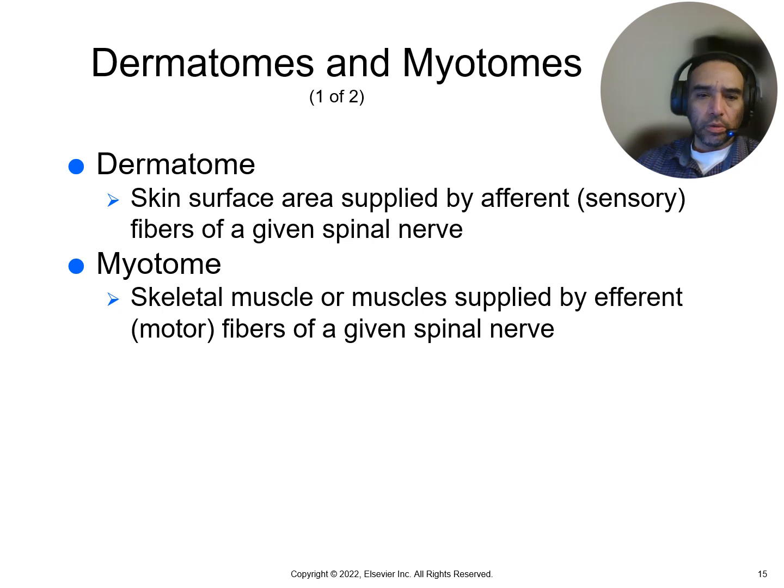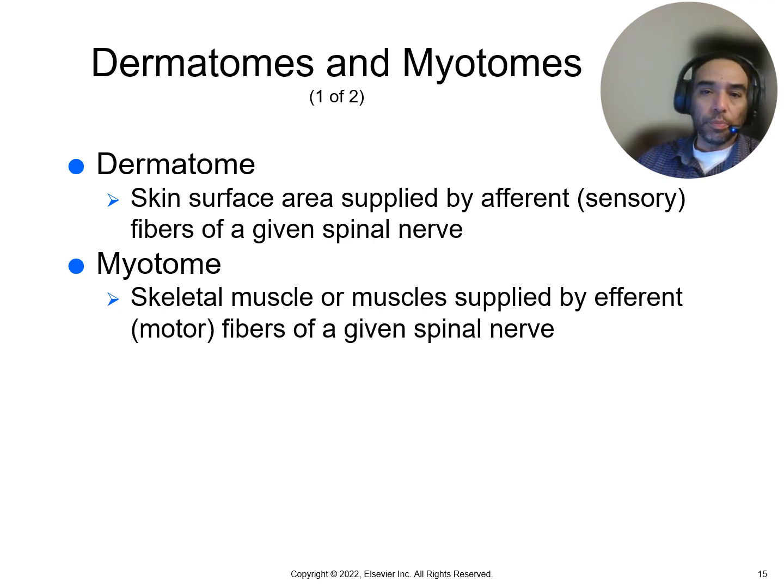All right. Dermatomes. Dermatomes and myotomes are essential concepts in neuroanatomy, and they help us understand the distribution of sensory and motor functions of the spinal nerves. So a dermatome, by definition, is an area of skin that is mainly supplied by a single spinal nerve.